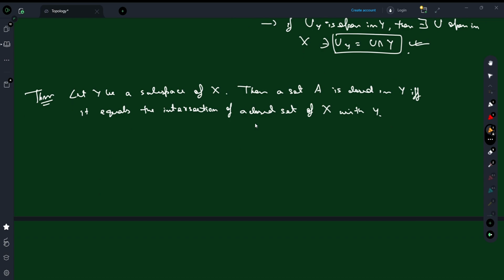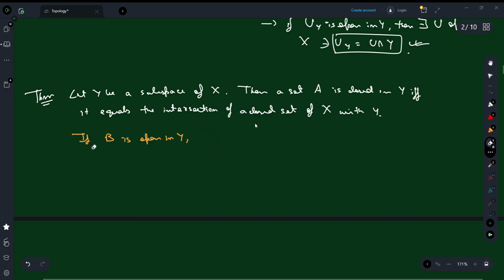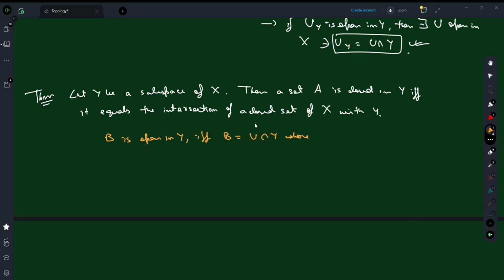Now, the first observation is obvious: if you consider a set from tau_Y, that is, if B is open in Y, then B is open in Y if and only if B equals some U intersection Y, where U is open in X.